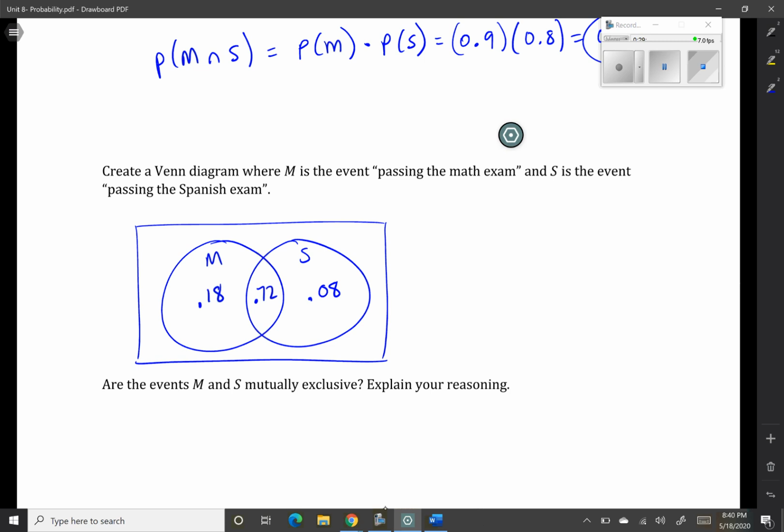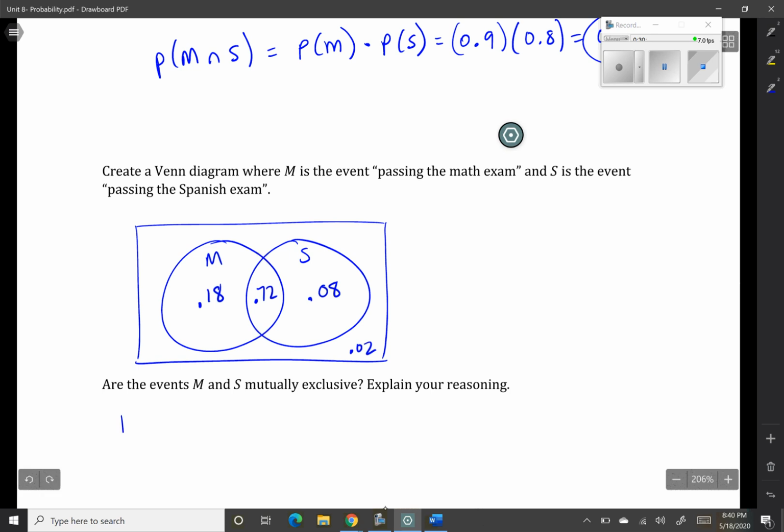And if I do some quick calculating, so if I do 1 minus 0.18 minus 0.72 minus 0.08, we wind up getting a 0.02 chance, so a 2% chance that she passes neither and fails both of them. Good for Josie. So, are the events M and S mutually exclusive?